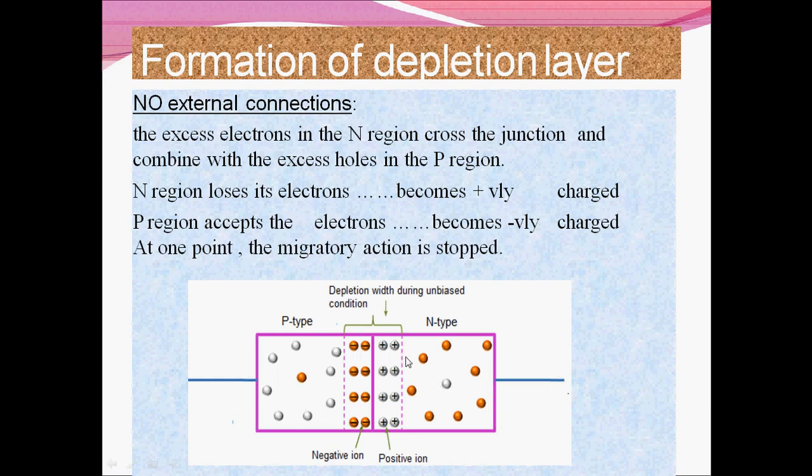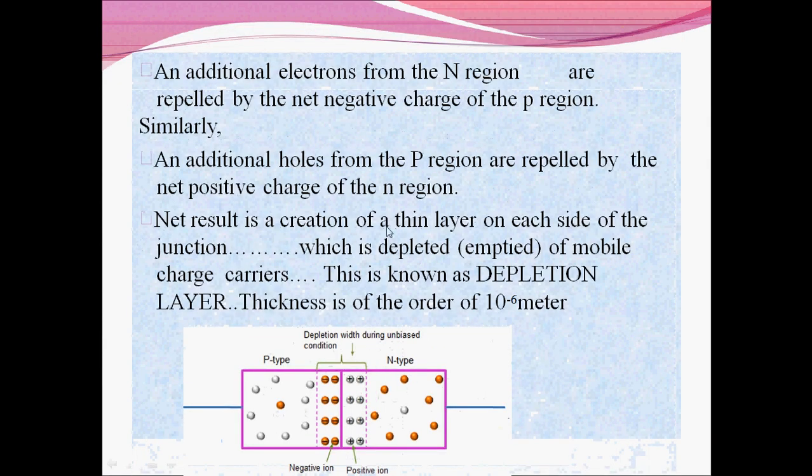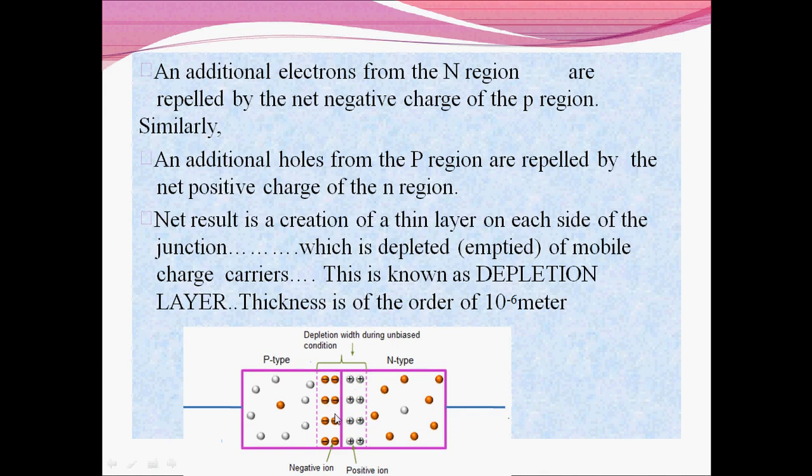At one point, this migratory action of electrons from the N region to the P region and recombination has stopped. Additional electrons from the N region are repelled by the net negative charge of the P region. Similarly, additional holes from the P region are repelled by the net positive charge of the N region.